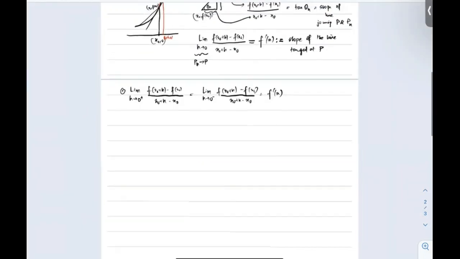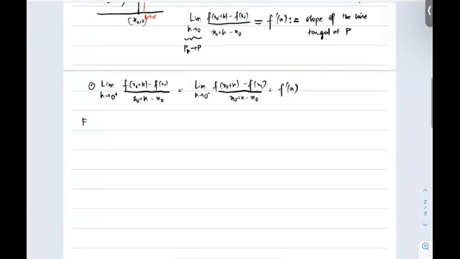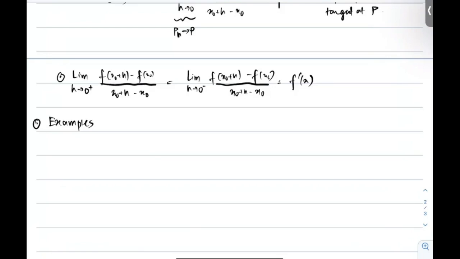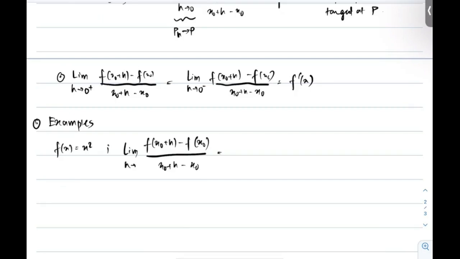So a very easy example, you can take any example out there. Let's say f(x) is equal to x square. So you want to find f of x naught plus h minus f of x naught by x naught plus h minus x naught. This turns out to be limit h tends to 0 of x naught plus h whole square minus x naught square by h.